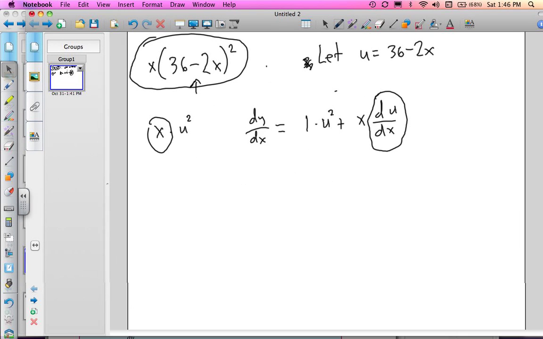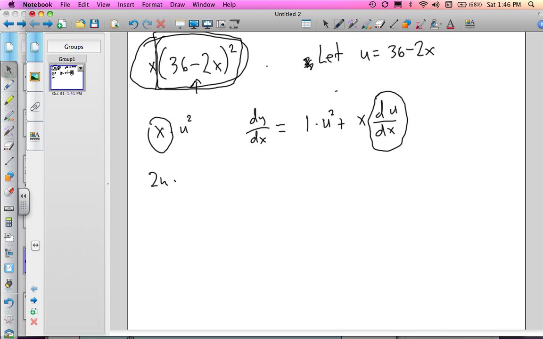So we end up with the derivative of u squared, which is 2u, times the derivative of what was inside of the u. Sorry, we weren't finding the derivative of the whole function, just this function right here. I forgot that there was that x there.